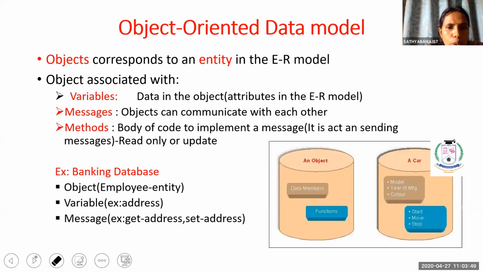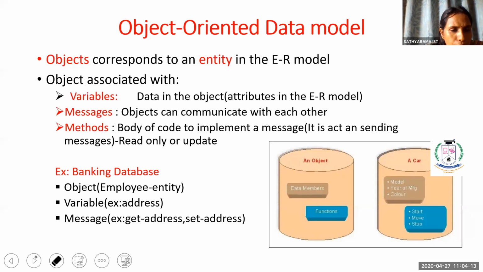Now move on to the next one: how we are going to build the object-oriented data model. How are you going to represent an object in terms of the ER model and the relational database?